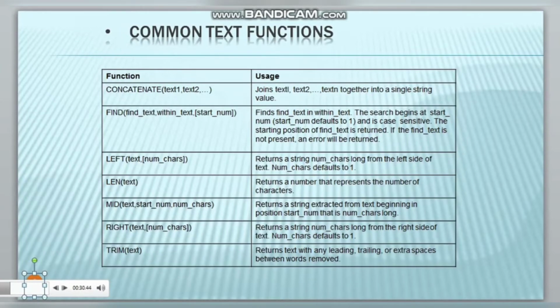LEN function: this function returns a number that represents the number of characters. MID function: this function returns a middle string extracted from the text. RIGHT: this function returns the rightmost characters from the text.